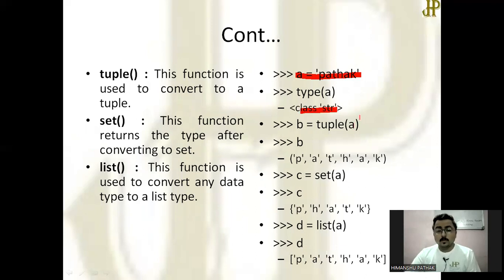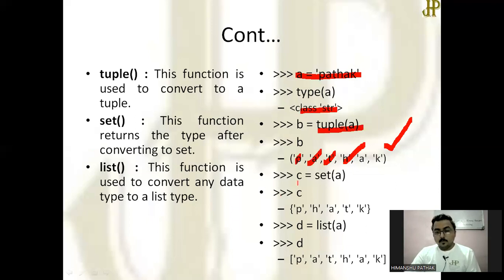Now I want to convert it into tuple. If you see the value, this string is bifurcated into single characters, and these single characters are represented as individual items in the tuple. Here you can see that P is the first item, then second, third, and so on.